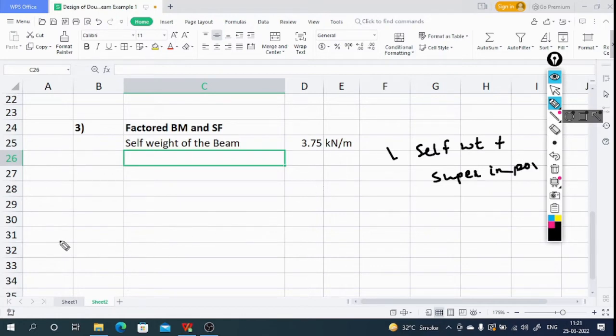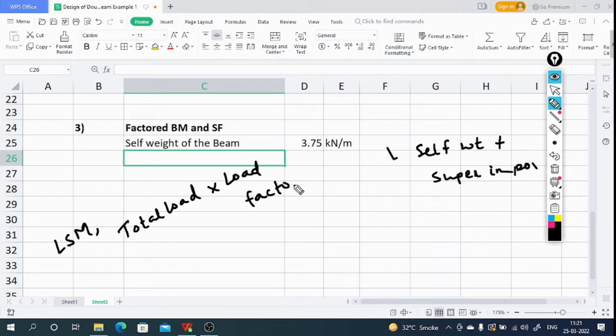But when you are designing by LSM, the total load will be multiplied by load factor. Because in limit state method, we need to take factor of safety with respect to the load, that is called load factor, and the load factor depends on different conditions.